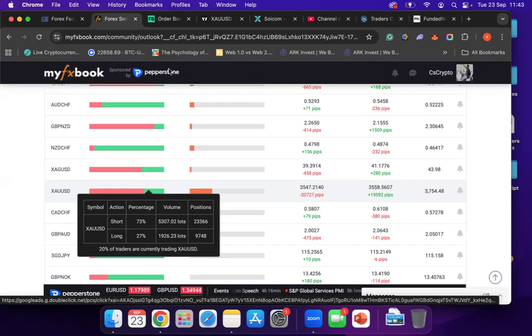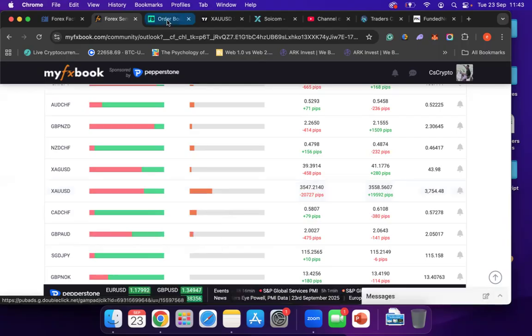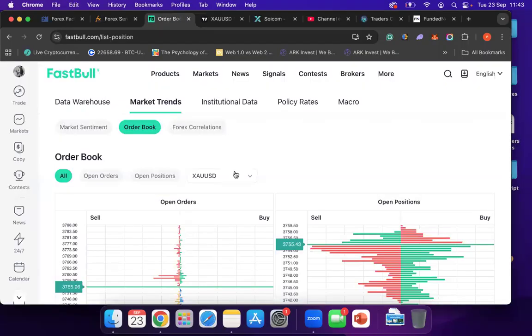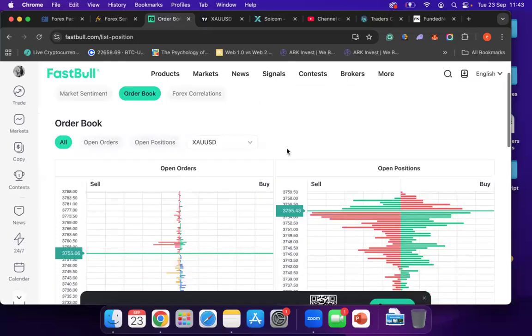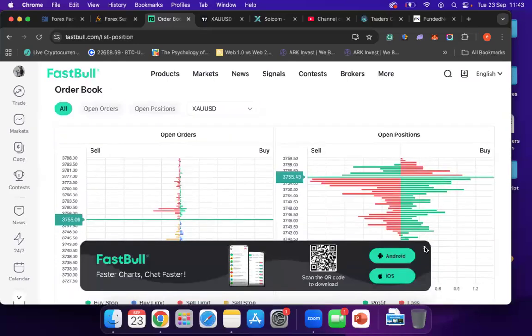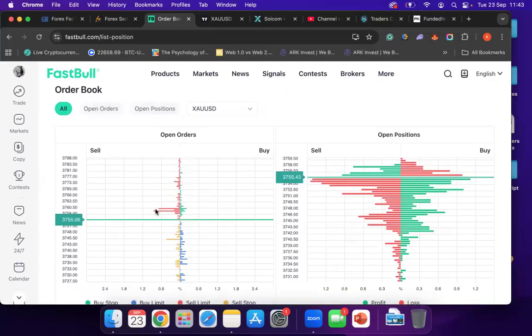So the third software I'll check is called Order Book. This clearly shows you the orders in real time, and it has a scale, and it tell you where the traders have placed their orders. Like for now, when I'm doing this video, most traders have placed their sales limit at 37.59.